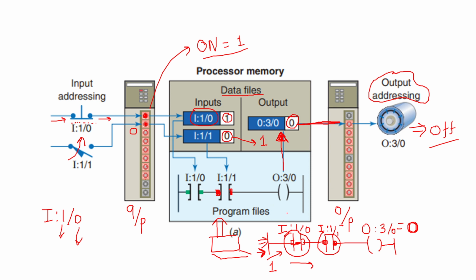And when this switch also gives a 1 signal, it turns on, and you get an output 1 here. The status of this output bit is transferred to the output file again, and you get 1 on this point. The meaning of 1 is to turn on whatever this is, motor or LED.